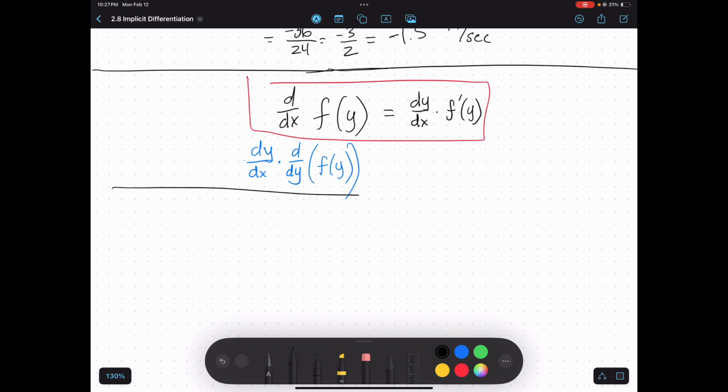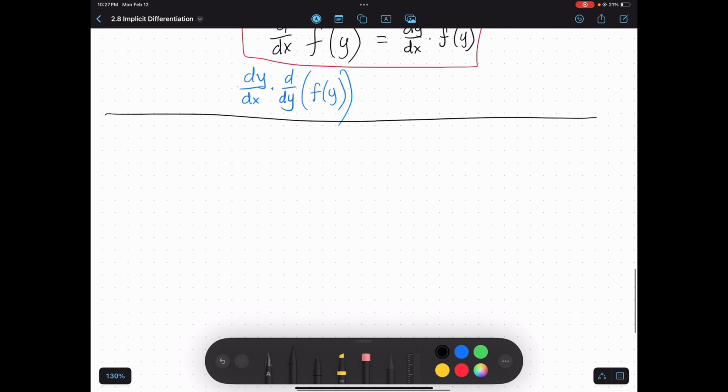Okay, let's look at another quick example. What if you have something like this? And I wanted to take the derivative of this, right? I wanted to find dy over dx. Well, the first part's simple enough. The first part, that's what we just barely covered.